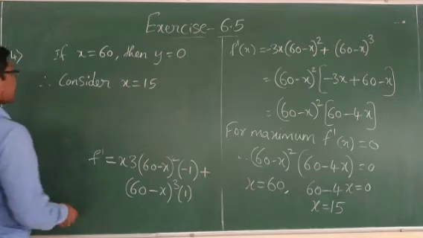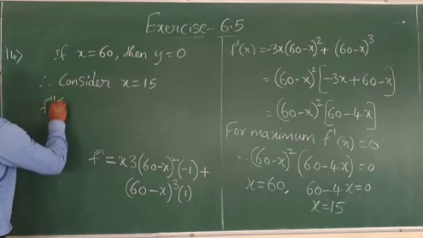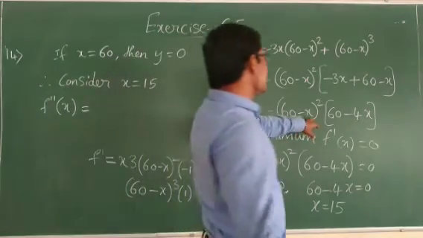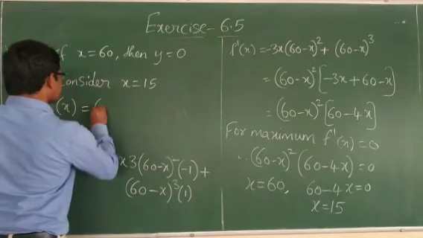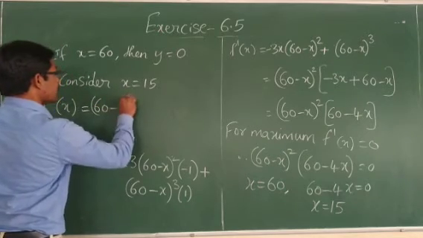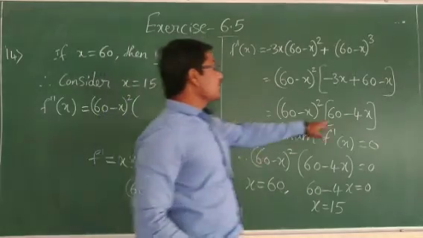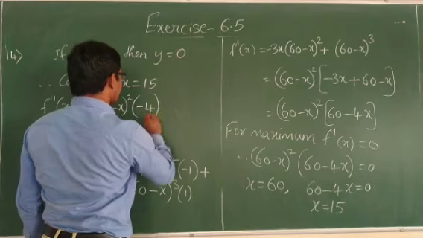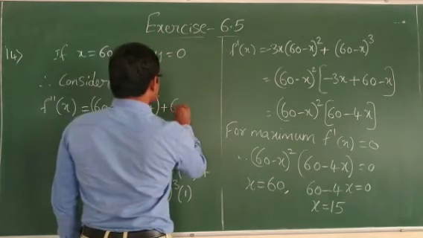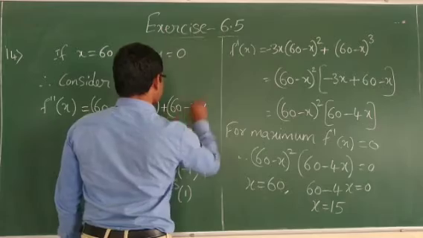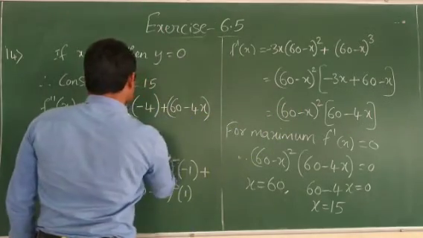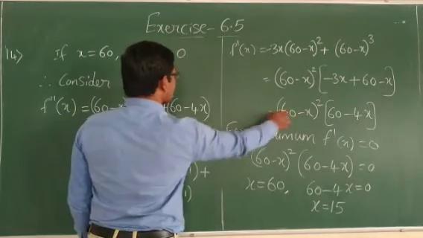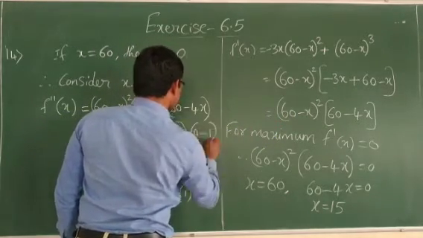Now we take the second derivative. f double dash of x is equal to, take the derivative of this, again you can use the product rule: 60 minus x whole square into derivative of 60 minus 4x, which is minus 4, plus 60 minus 4x is same. Now take derivative of this, that is 2 into 60 minus x into derivative of 60 minus x, that is 0 minus 1.